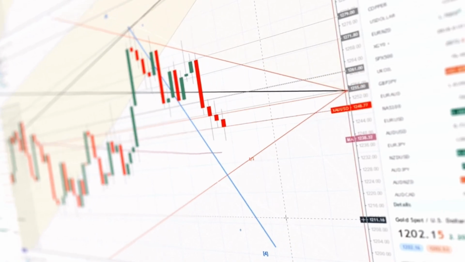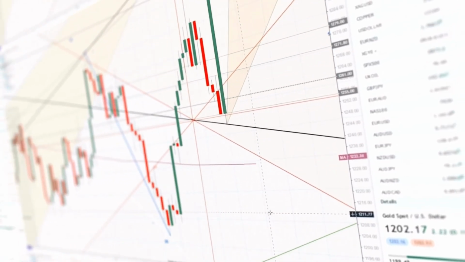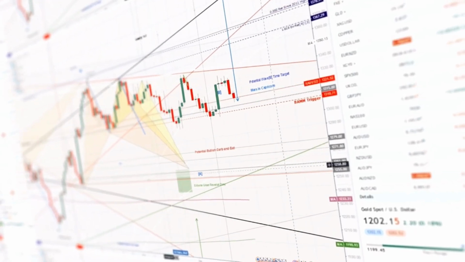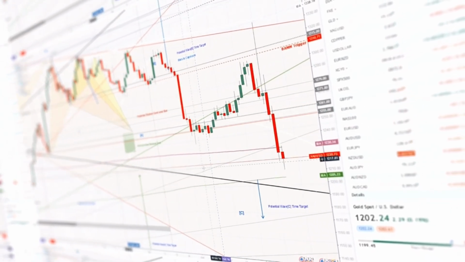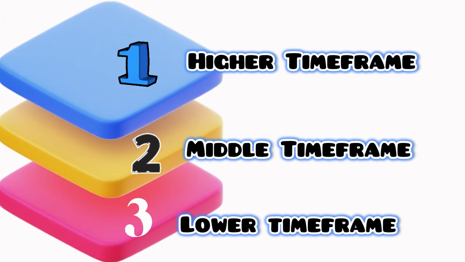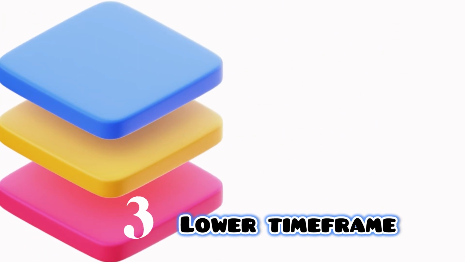You're seeing everything in a tighter perspective, right? So that middle layer is to get you oriented with market structure so that you find a plausible setup. And of course, your lower time frame is definitely going to be where you get your entry and your exit with precision, right? That's literally what it's going to be. So we've got three layers: higher, middle, and of course your lower time frame.